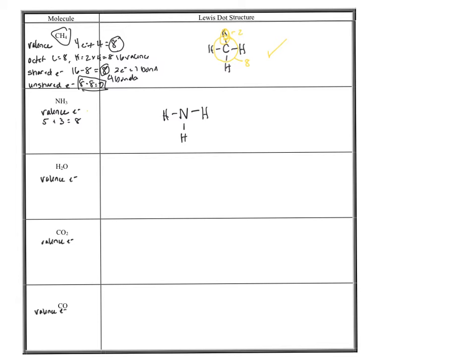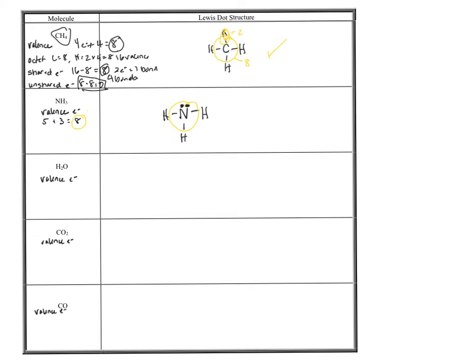But if I look at this, I'm missing something, right? I'm missing 2 things. I'm missing the fact that 1, I haven't used all my electrons, and 2, nitrogen is not meeting the octet rule unless I put 2 valence electrons right up there. So I have to add those 2 valence electrons.